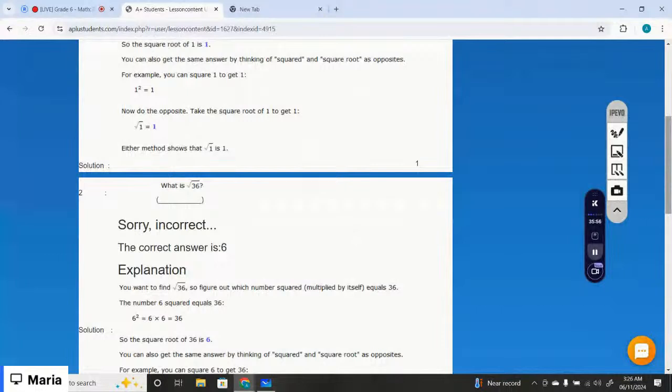Very good. 6 times 6 is 36. The square root of 36 equals 6, right? Square root 36 is 6.